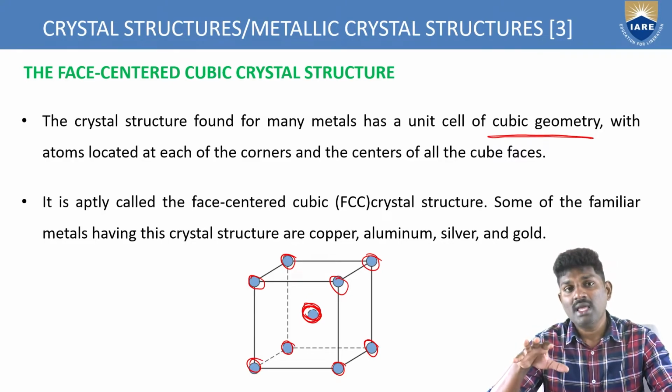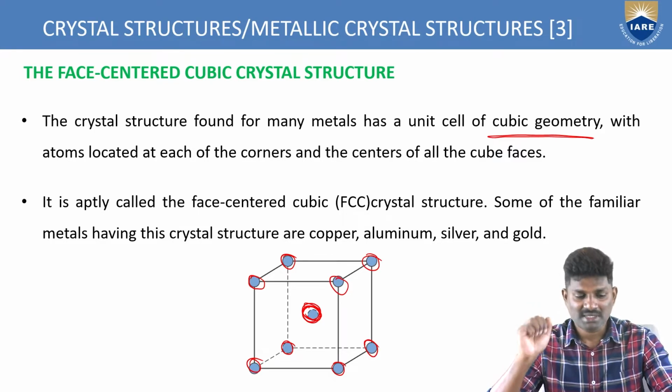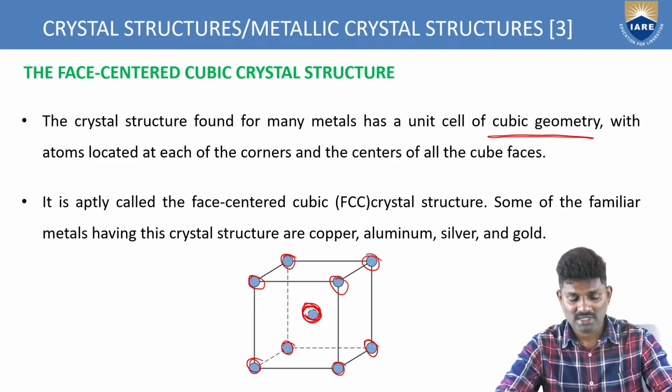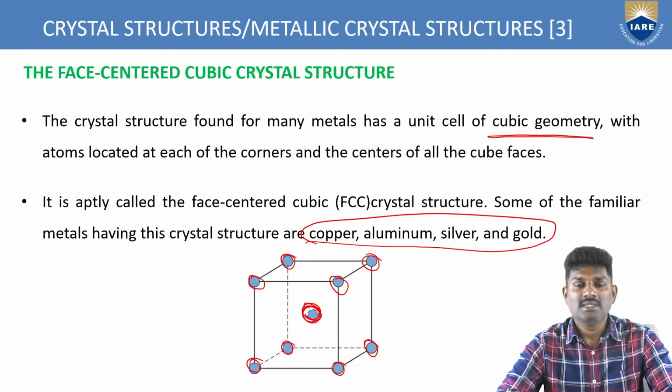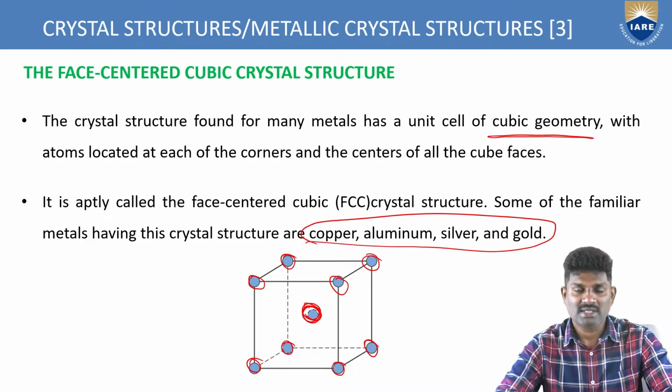So this is how the atoms are arranged in the FCC cubic structure, and it is aptly called face centered or FCC crystal structure. Some familiar metals having this crystal structure are copper, aluminum, silver, and gold. These are the four common metals which have the FCC crystal structure.